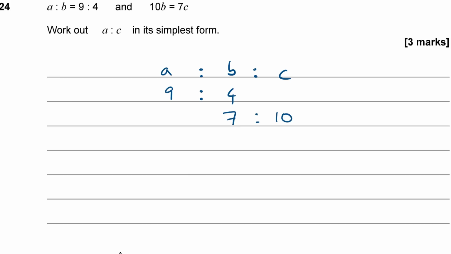So if I make this one 28 here, then I would get that by taking my ratio of 7 to 10 and times it up by a scale factor of 4. So that means my C value there must be 4 times 10, which is 40. So my ratio of B to C of 7 to 10 is the same as the ratio of 28 to 40.